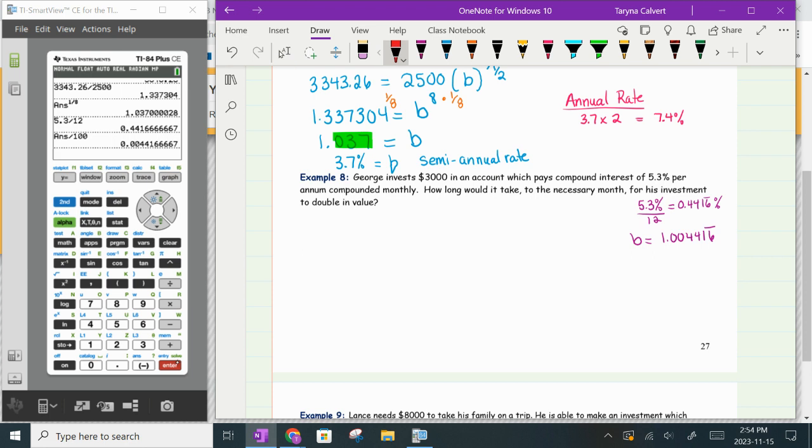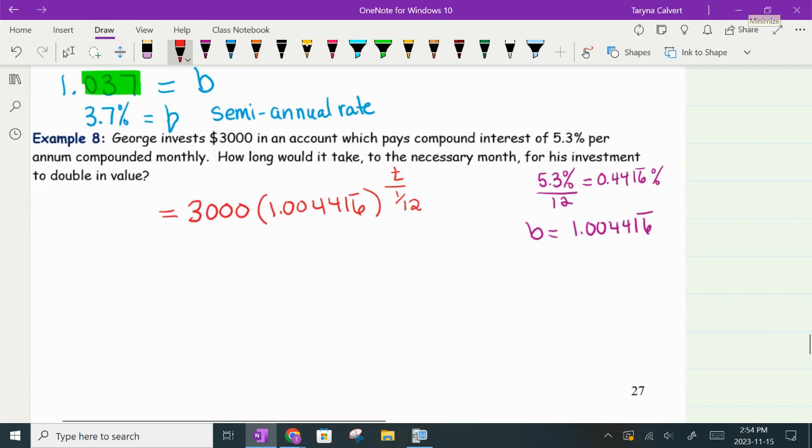So then once you get that, it's not horrible. You invest 3,000, so that's your A. Your B is that 1.004416, compounded monthly. So therefore your exponent is 1 over 12 times T, and your T we're not sure. It asks how long it's going to take for our money to double.